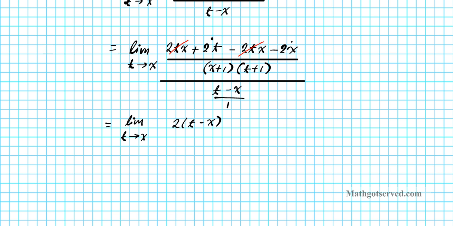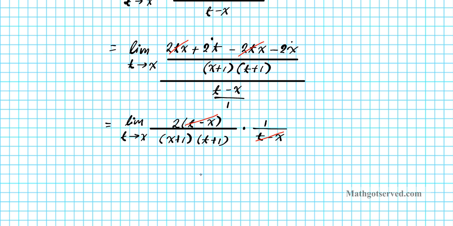And then that divided by x plus 1 times t plus 1. And then you see this denominator right here, if you're dividing by a fraction, it's the same thing as multiplying by its reciprocal. So I'll reciprocate that and express it as a product, times 1 over t minus x. Alright, so these two match, so they can divide out.